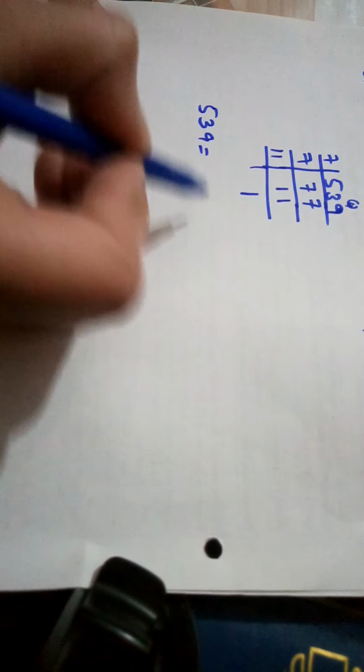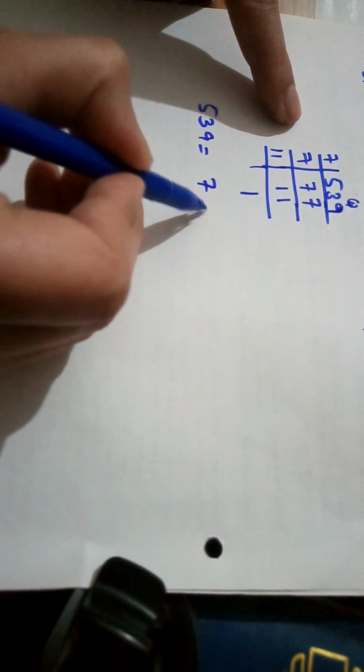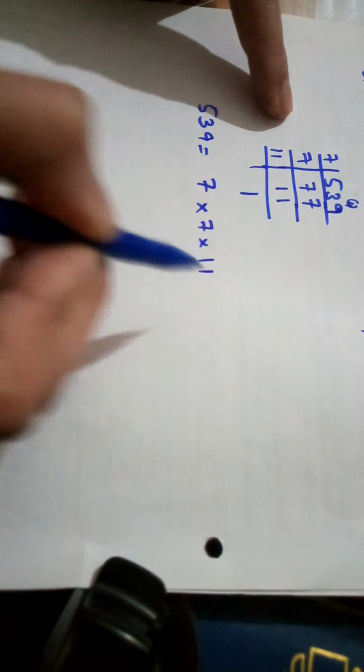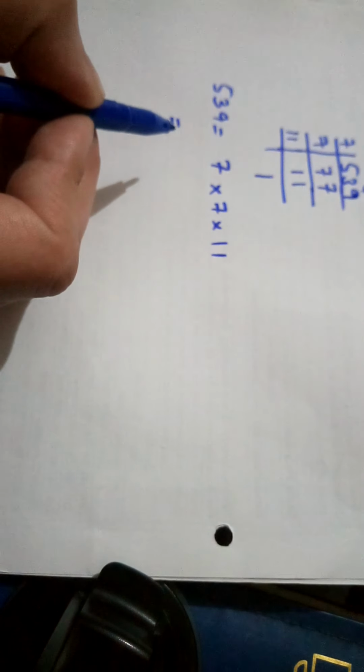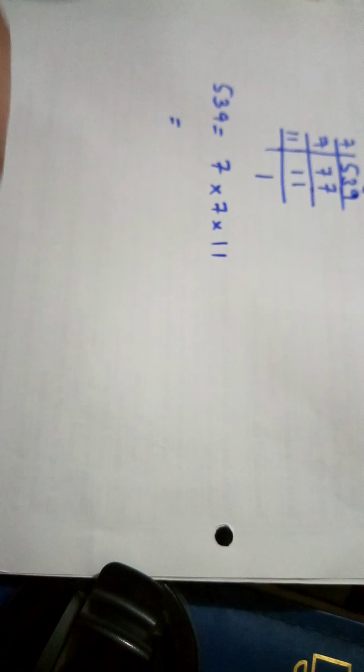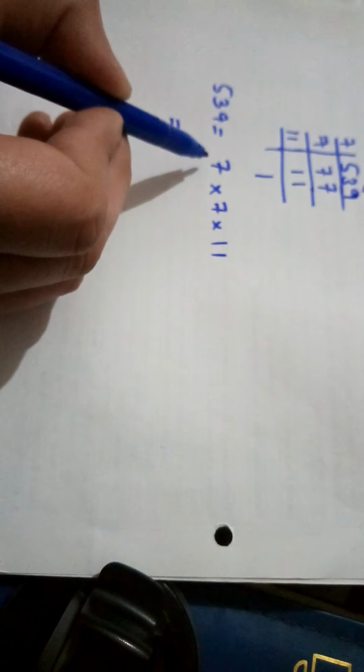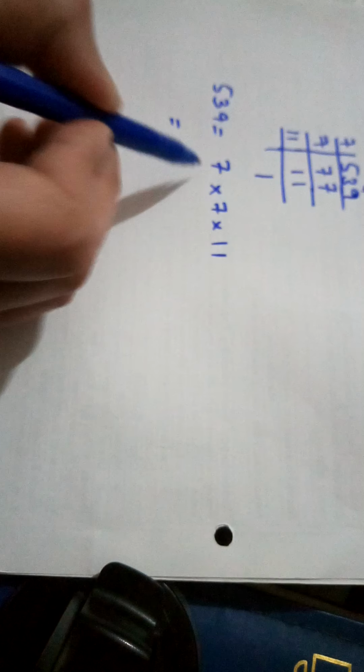We have the factors of 539 equal to 7, 7, 11. Now we leave our answer as the product of two prime numbers, no more than two. So I write down this answer in the form of index notation. How many 7s do we have in these factors? 2.